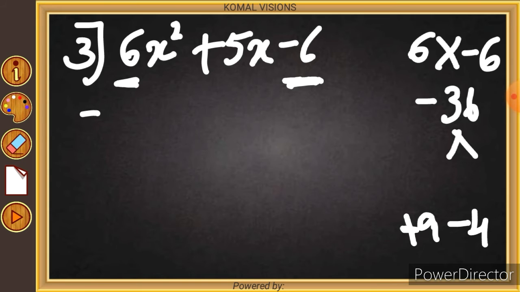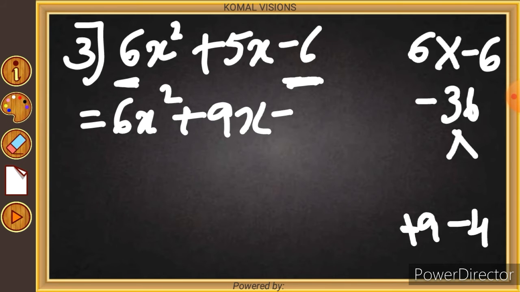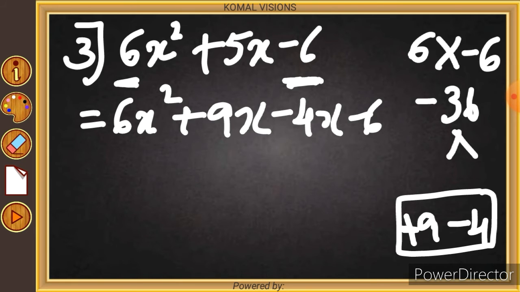So that is why I'll substitute in the given expression, that is 6x square plus 9x minus 4x minus 6. Did you understand this step? I took the factors of 36 as 9 comma minus 4 and I am simply substituting in the place of plus 5x, because 9x minus 4x is plus 5x. Got it?